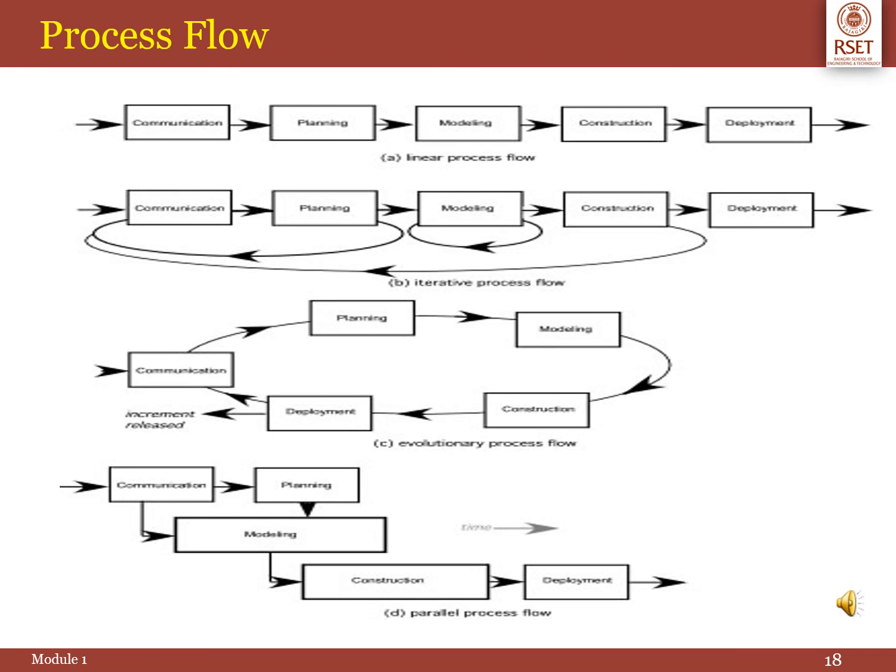A linear process flow executes each of the 5 activities in sequence, beginning from communication and ending with deployment. Second one is the iterative process flow, which repeats one or more of the activities before proceeding to the next. The next one is the evolutionary process flow, which executes the activities in a circular manner. And the final one is a parallel process flow, which executes one or more activities in parallel with other activities.